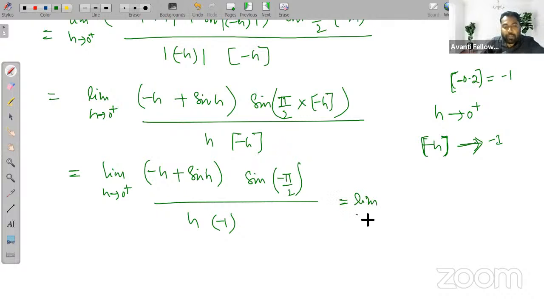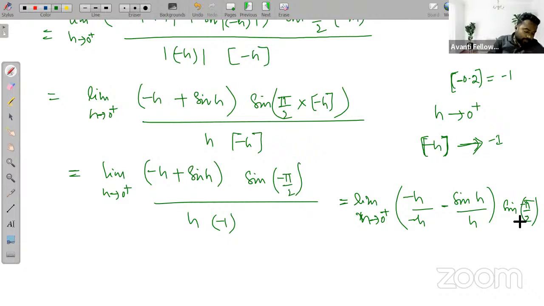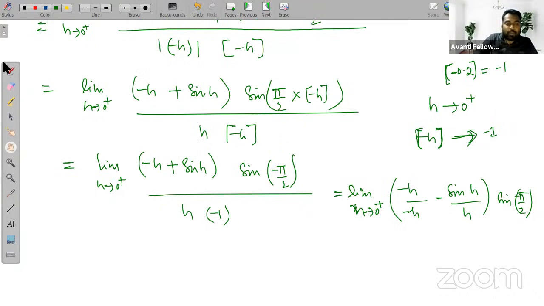Simplifying, I got the limit as h tends to 0 plus of minus h divided by minus h plus sine of h divided by minus h. So we can simply write minus of sin h upon h into sin of minus pi by 2. Is it clear? Everyone understood till here? Simple. Okay, so let's now solve.